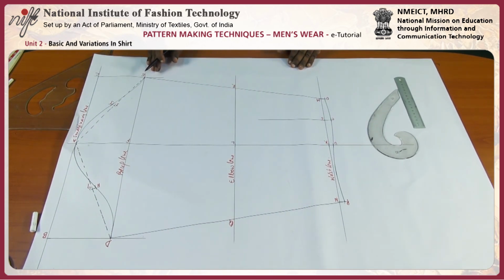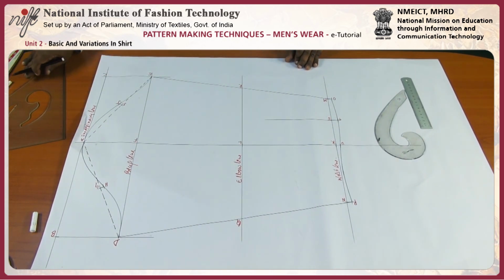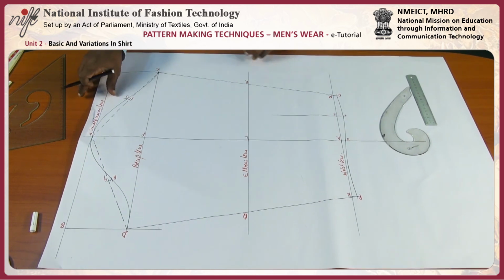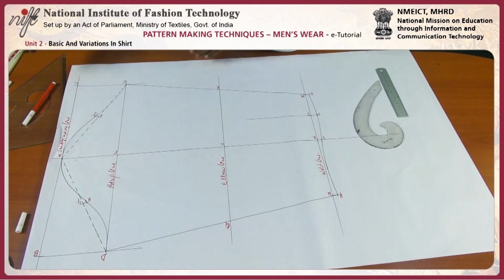Now let us move to placing the sleeve pleats. T to V is 3 centimeter.